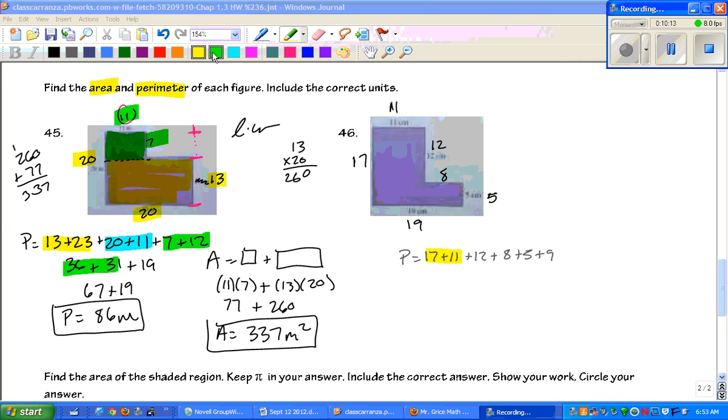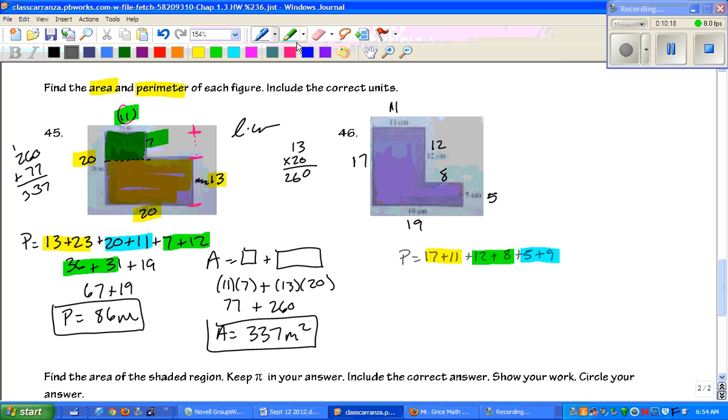So we're putting them into groups right now. You get 28 plus 20 plus 14. 48 plus 14. And then you get 62.